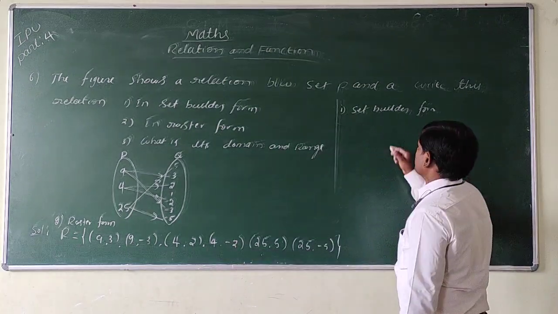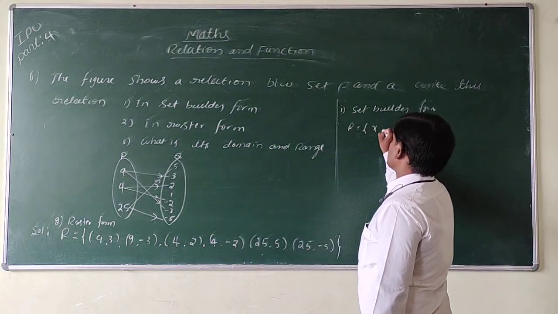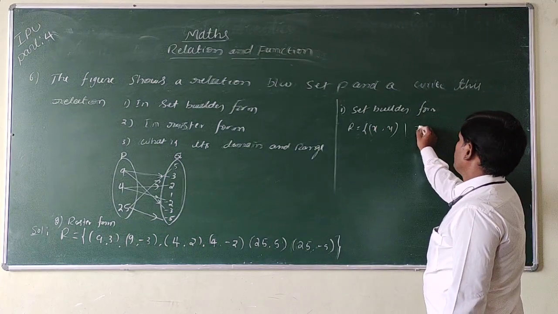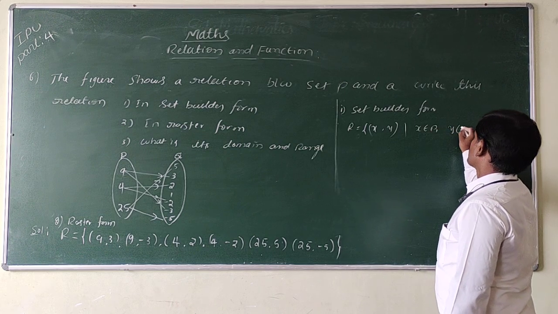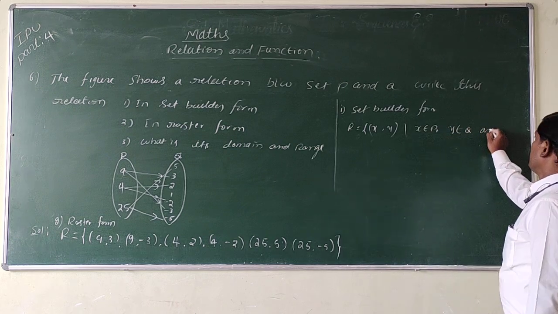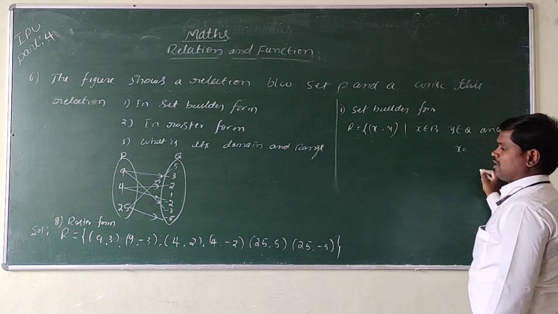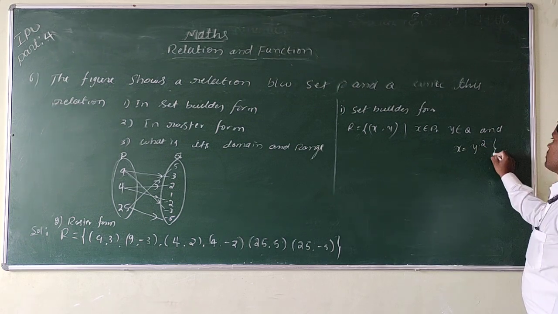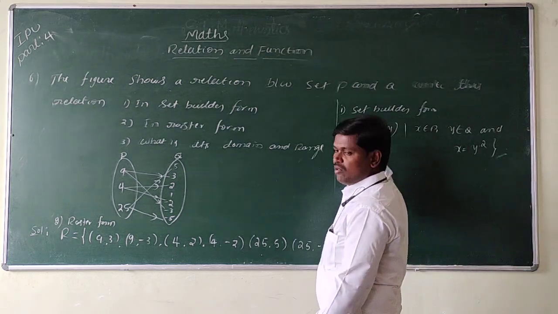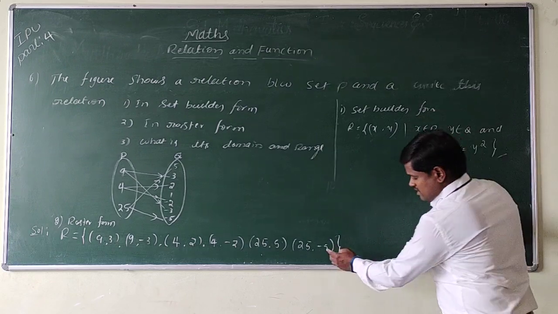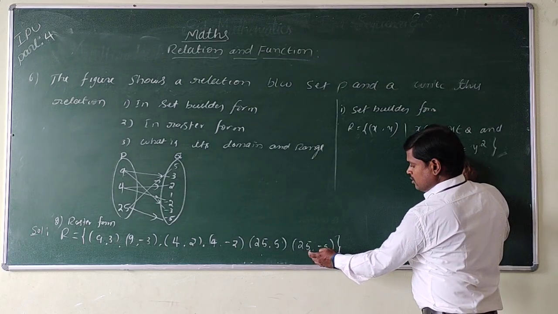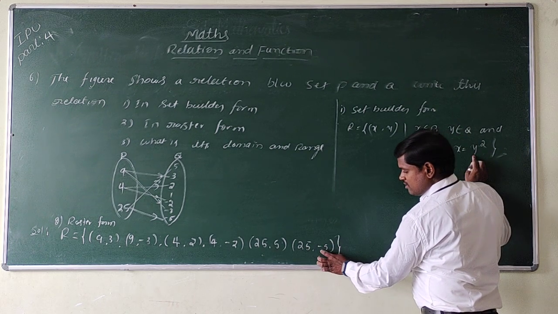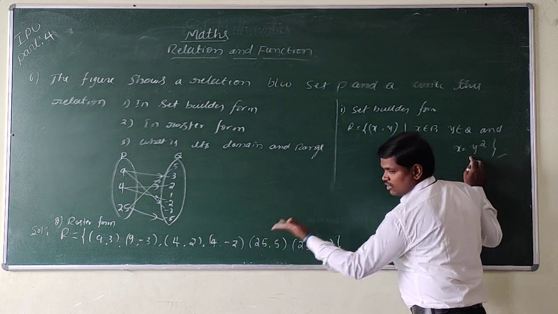So the relation R consists of the ordered pairs (x, y) such that x belongs to P and y belongs to Q, and x is equal to y squared. This is the relationship in set builder form. For example, 25 is the square of -5, and (-5) squared is 25, and 5 squared is 25.